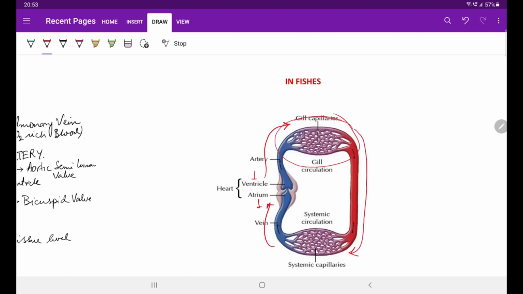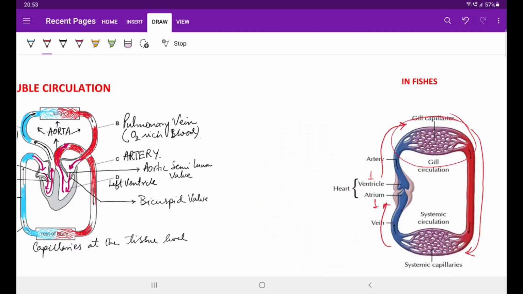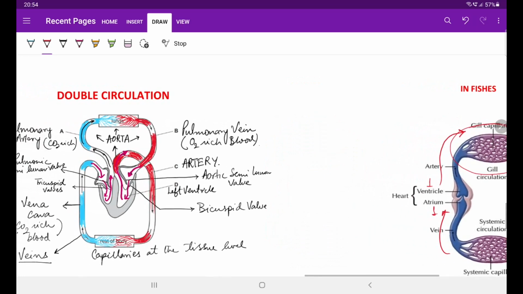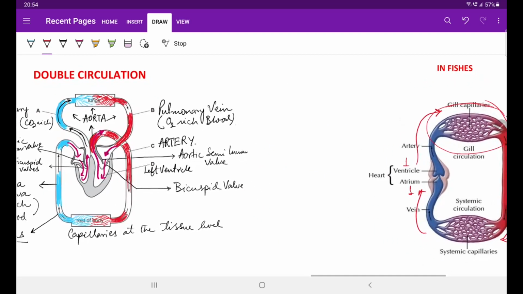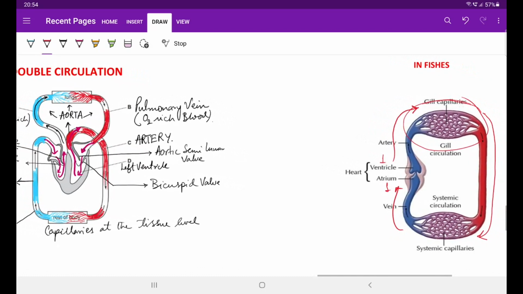In this manner, the efficiency of the organism reduces because the oxygenated blood is not pumped by the heart, whereas in the human heart, in the mammalian heart, the blood is being pumped by the heart to the different body tissues. So, always the pressure is maintained in the blood vessels.